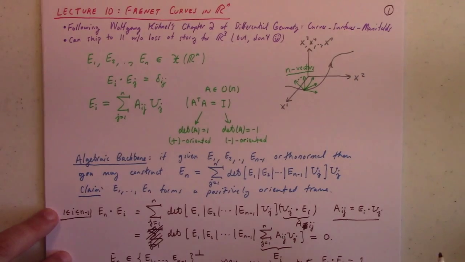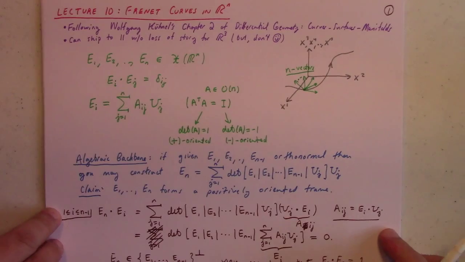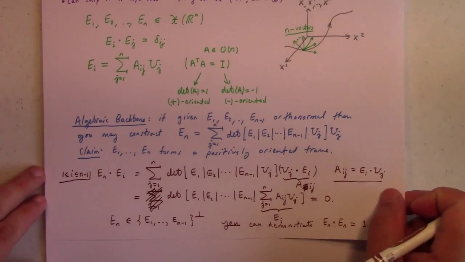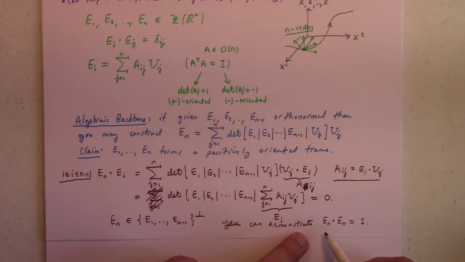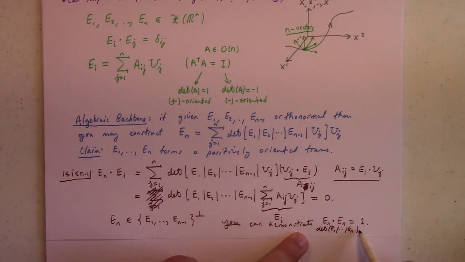And that the determinant of E1 through En is equal to 1. So it is in fact a positive frame.